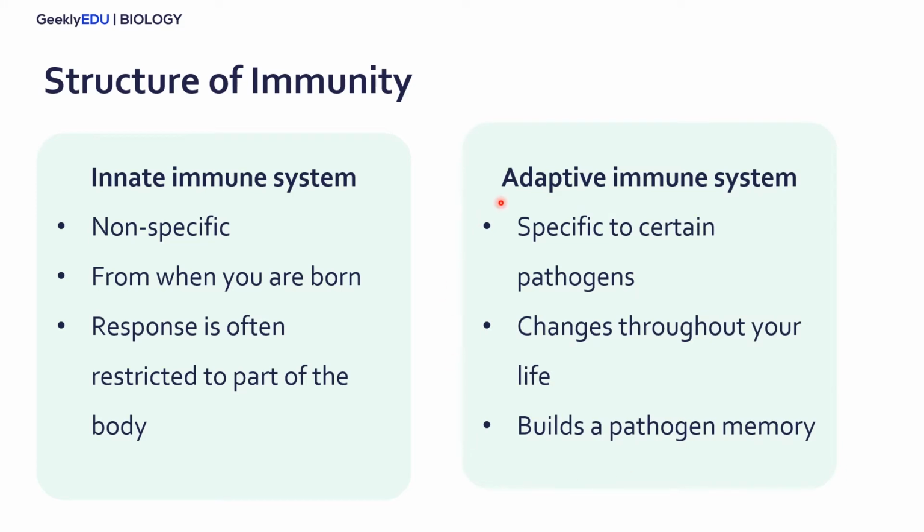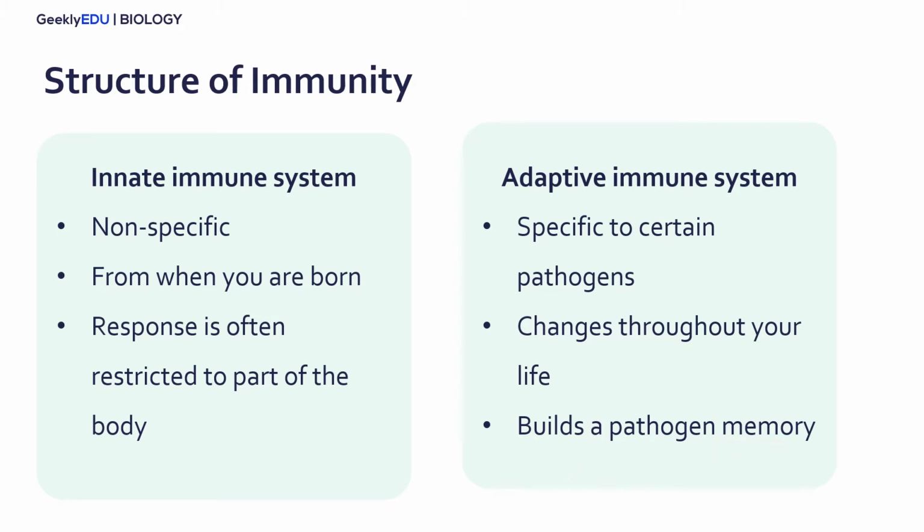In comparison, our immune responses can also be from the adaptive immune system. And so our adaptive immune system is aimed to fight specific pathogens, so only fighting a certain virus or a certain bacteria. And as the name suggests, it is adaptive, and so these immune cells will change throughout your life. And this is because our adaptive immune system has a memory.